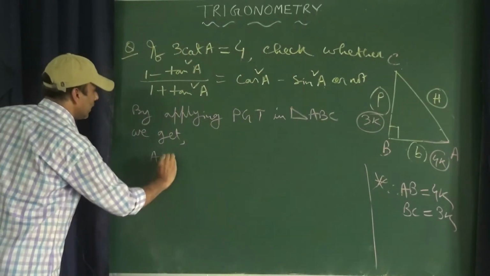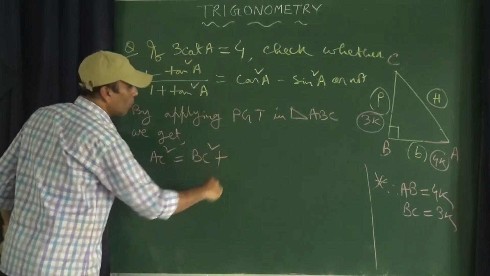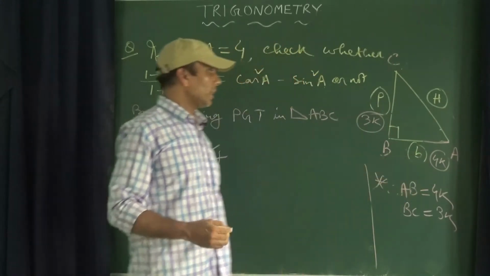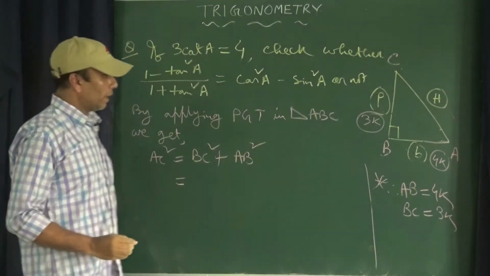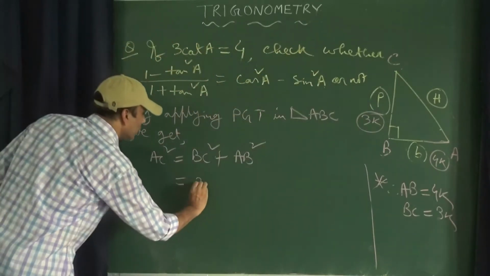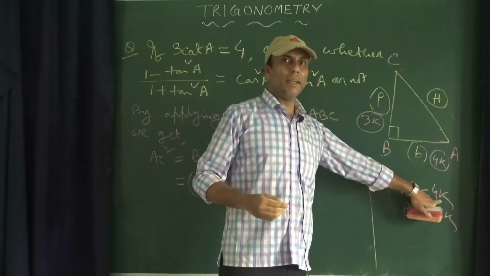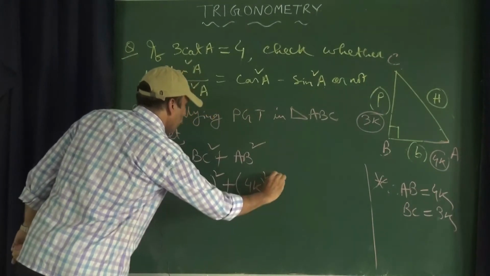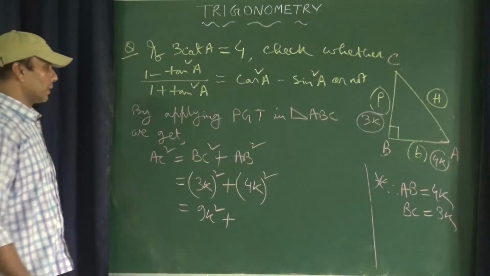So, we can write AC square equal to perpendicular BC square plus base AB square. BC we have already found, 3K, so we write 3K whole square plus AB, which is 4K, whole square. 3K square gives us 9K square and 4K square gives us 16K square.